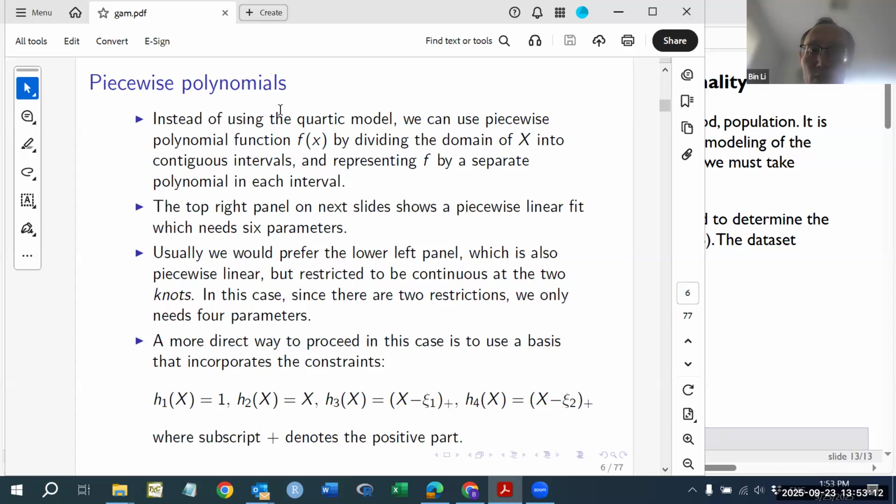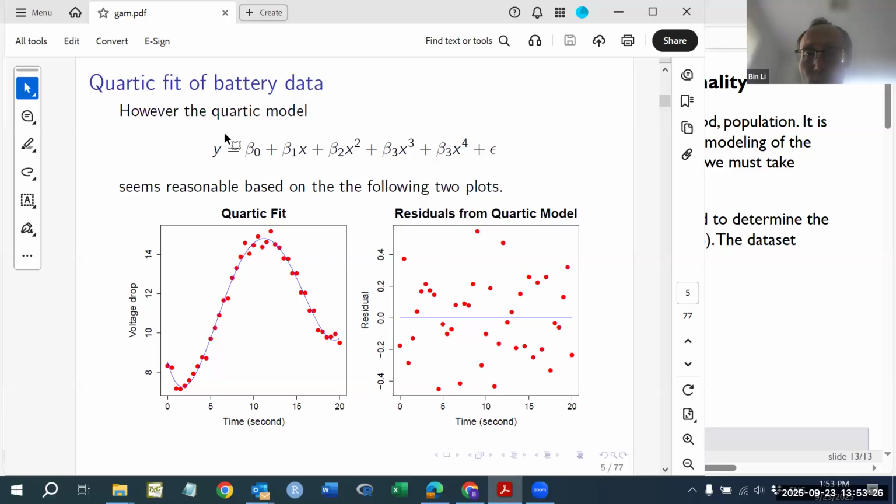Here are some other options. First is the piecewise polynomial. Instead of using the quadratic model, we use a piecewise polynomial. So first, what is piecewise? Piecewise is the opposite of this model, which has another name, the global model. Why is it called a global model? Here, we have this cubic term, this quadratic term, and the linear term.